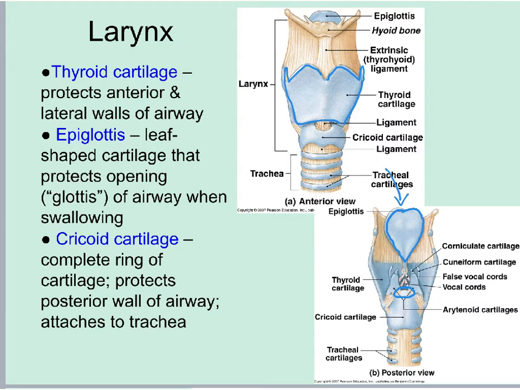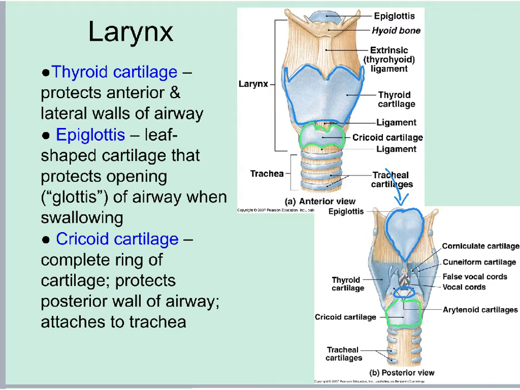Okay, let's get back to where we were. So then the next cartilage, I just want to mention its function, is the cricoid cartilage. And that cricoid cartilage, yes, you see part of it here anteriorly, but it also wraps around posteriorly, and posteriorly you can see it here.